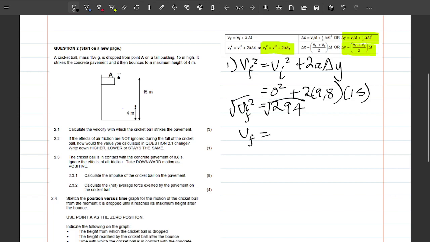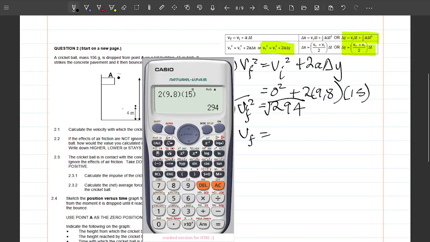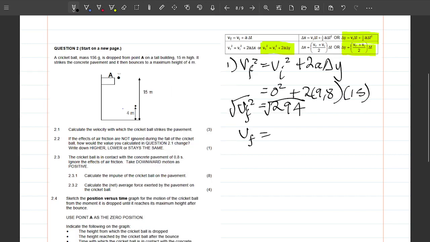So the square root of 294, like so, is 7 root 6, which is about 17.15. Since I'm at my final answer, 17.15, we'll set that aside. Then the next question, number 2.